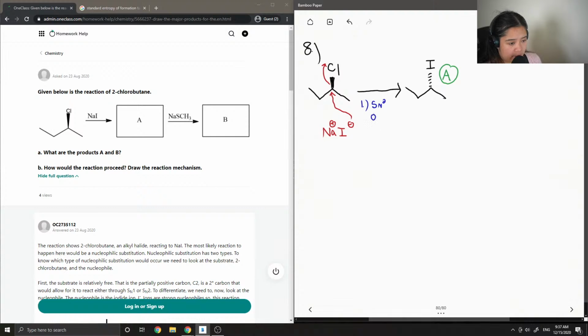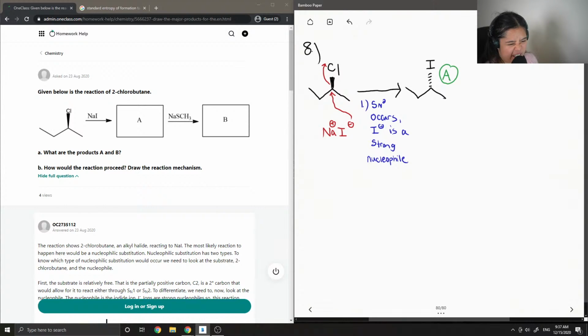So SN2 occurs, and this is since the negatively charged iodine is a strong nucleophile. Okay, so that's how we got product A.